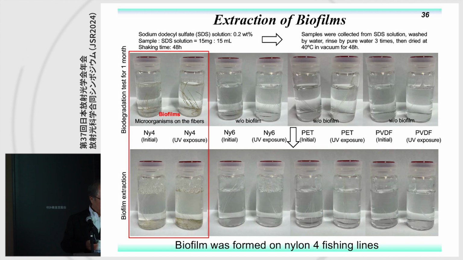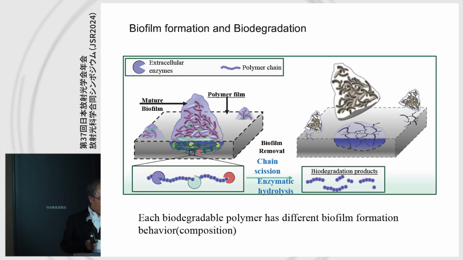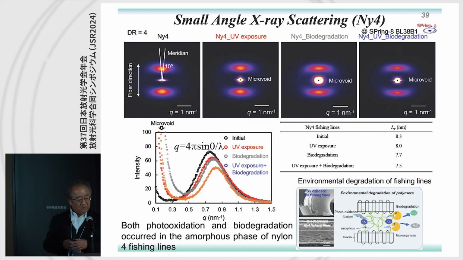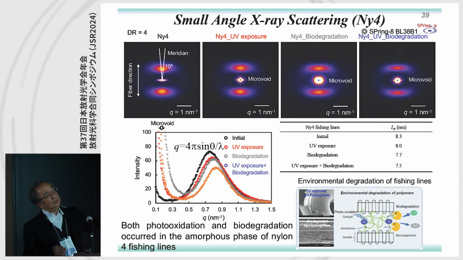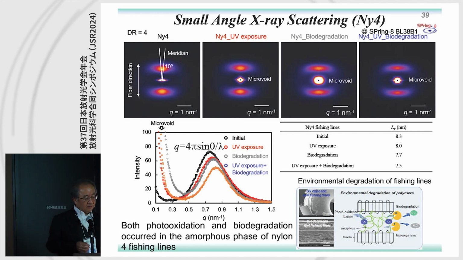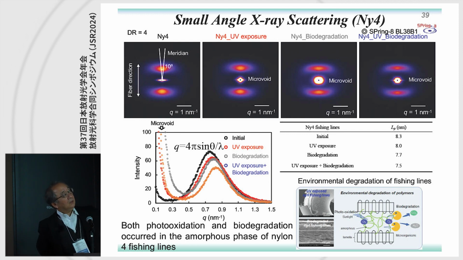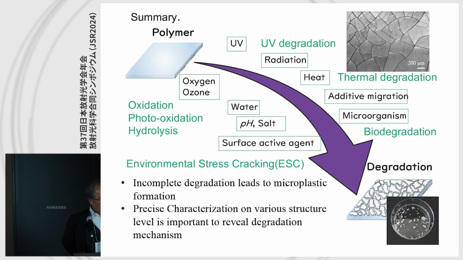And we confirmed that biofilm formation is very important. We also utilized X-ray scattering to characterize the fiber, and through biodegradation, they formed many microvoids in the fishing line fibers.